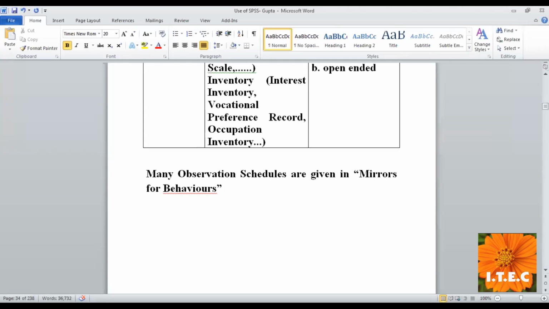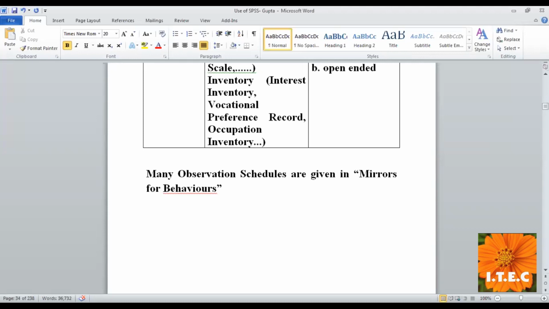And your interview schedule will be used only if you want to collect information from the head of the institute. You cannot use an interview schedule to collect information from students or teachers, because the number is very large.